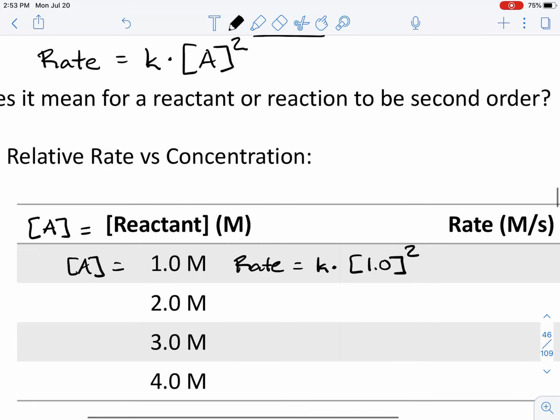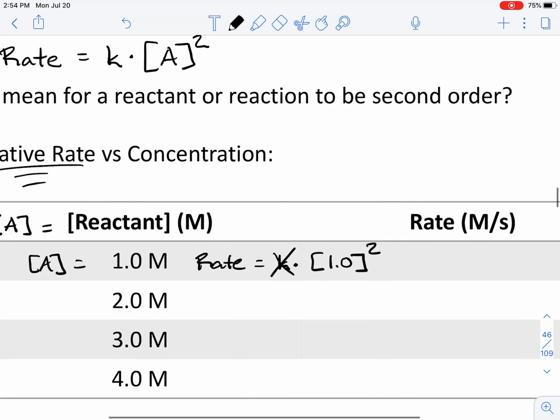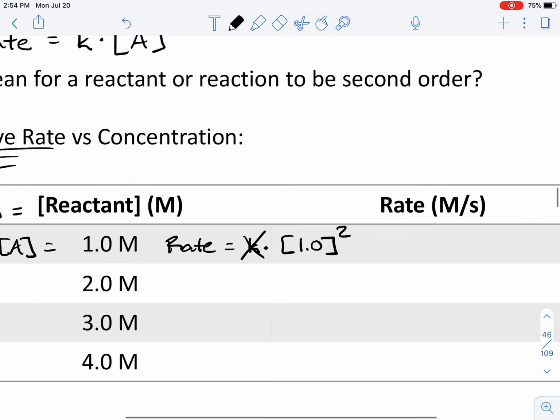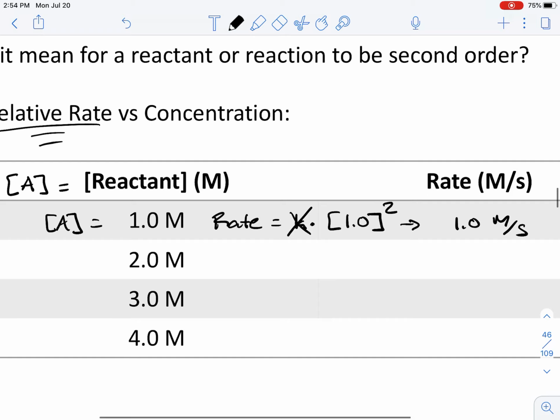And since we're talking about relative rates, we can exclude the rate constant K. This is just giving us an idea of how the rate of reaction is changing based on differing concentrations of the reactant. If I take 1 squared, that's going to give me 1.0 molar per second. So that's going to give me a baseline.